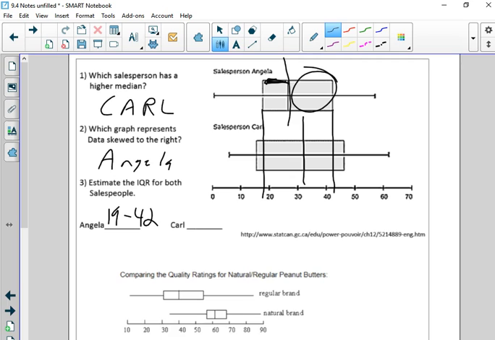There's some leeway here when you're looking at this. Now for Carl, right there, you might say 15 to 45, 15 to 46, 16 to 46, whatever. I would accept plus or minus kind of in that leeway there, because you're just drawing a line kind of estimating. That's why it says estimate the IQR.